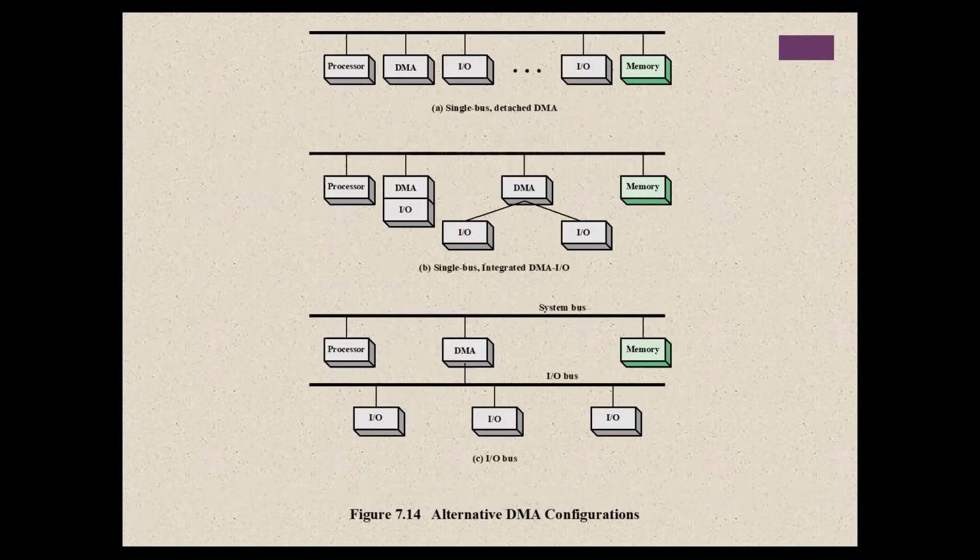7.14. In the first example, A, all modules share the same system bus. So the DMA module, acting as a surrogate processor, uses programmed I/O to exchange data between the memory and the I/O module through the DMA module.